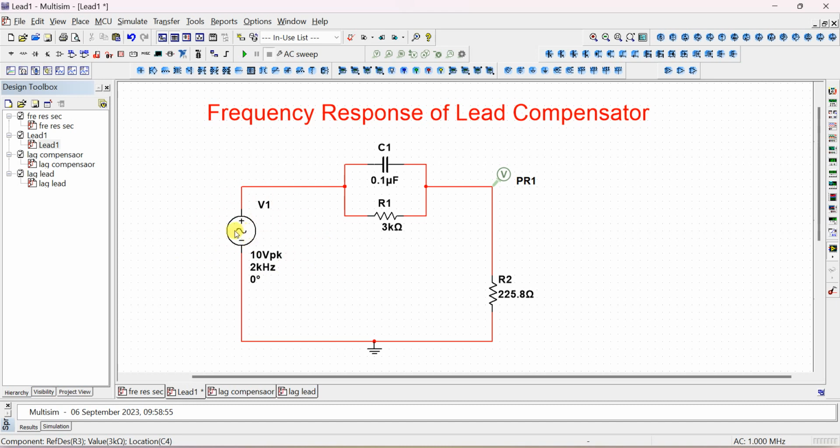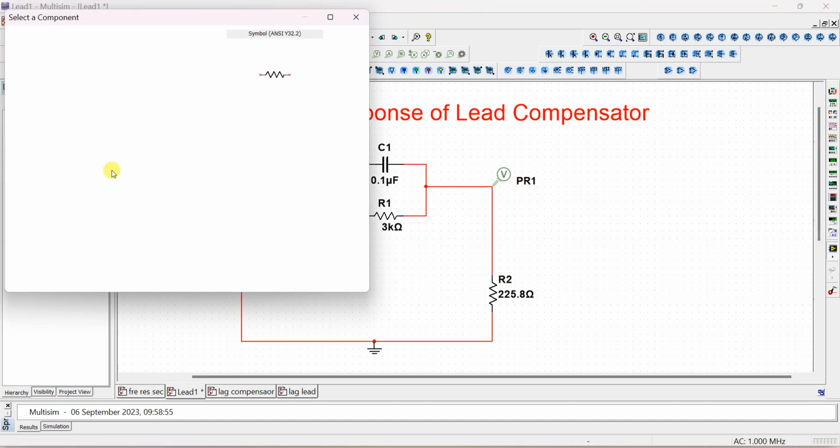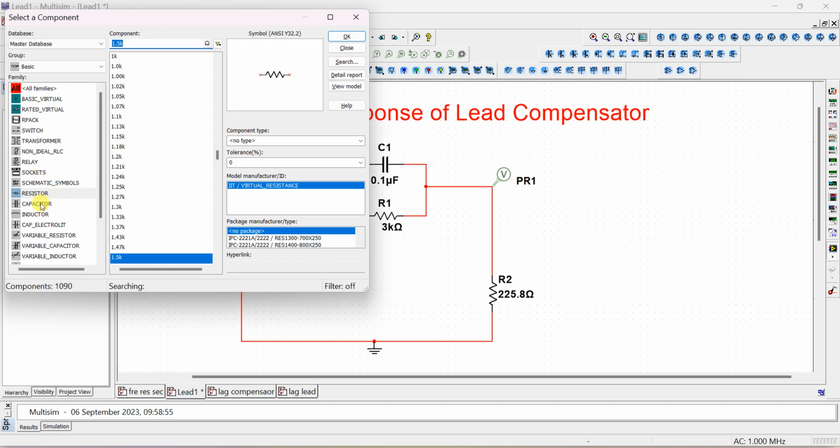I am deleting this because I already connected it, but you should draw it once again. Place the AC voltage source here, a resistor here, and one capacitor here. The capacitor is also available in place component. The basic capacitor is okay, and you can change the value to micro. Micro means you have to type u.